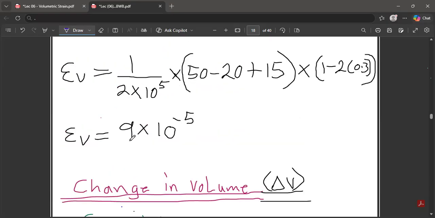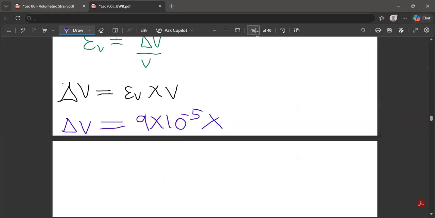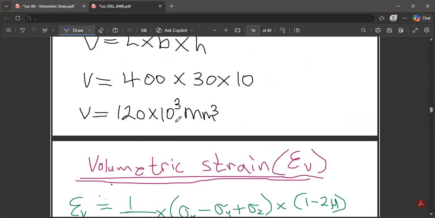So our volumetric strain we calculated over here, this is the answer we had. Let's put it over here: 9 times 10 exponent negative 5, times the volume. The volume we calculated, after calculating for the volume, we had 120 kilo millimeter cube.